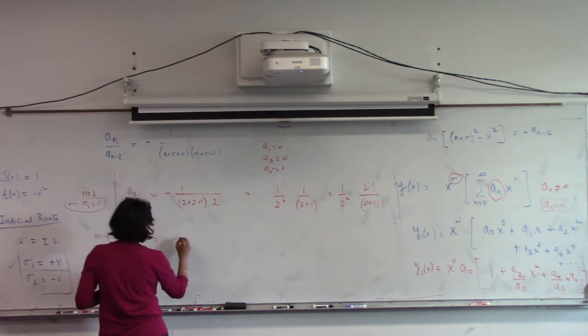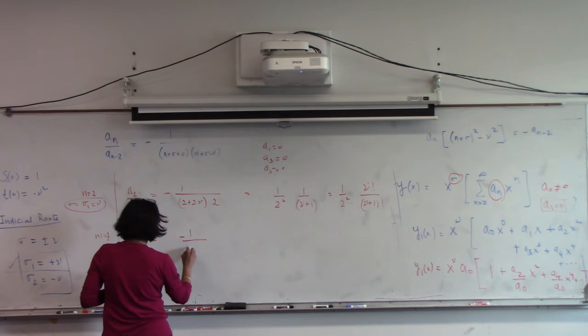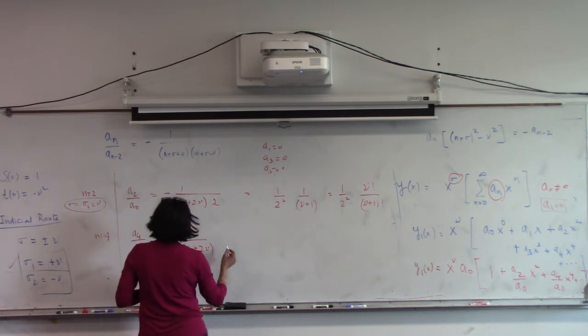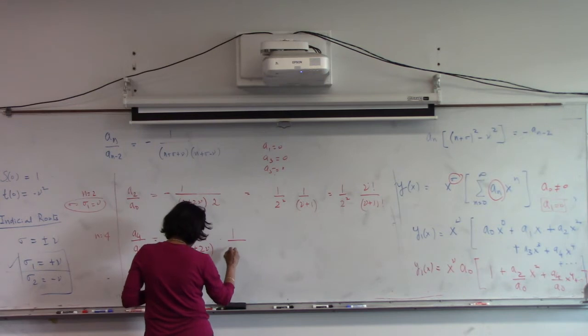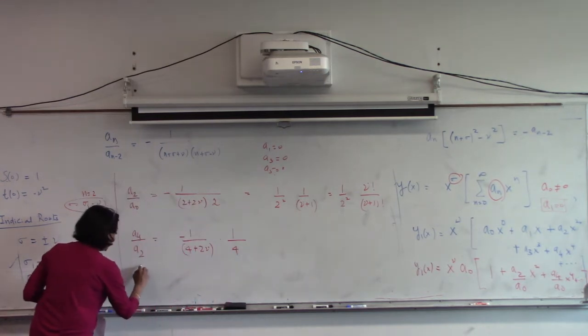So I will have minus 1, n plus 4, n is 4, plus 2 nu, right, times what do you get? n is 4, that's 4, okay? So I need A4 over A0, right, not this, right?